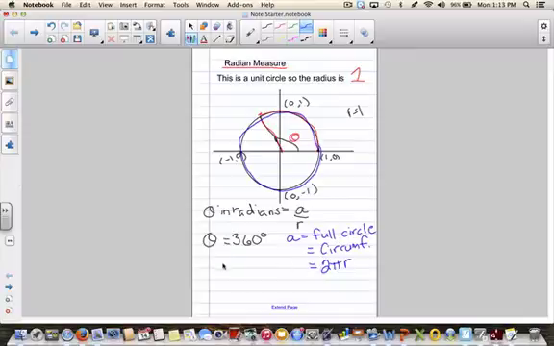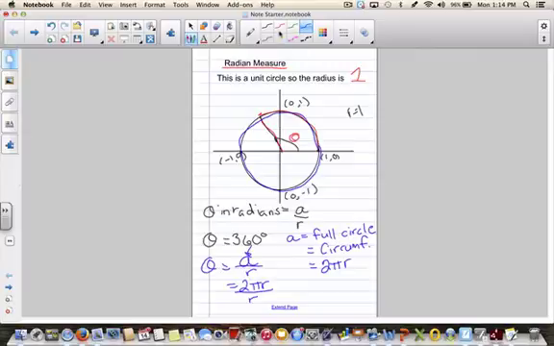So now if I go to my formula and I say, okay, theta in radians is the arc divided by the radius, because I'm talking about 360 degrees, I know my arc is a full circle. So arc is 2 pi r, so that's my A, and then the formula for radians says we divide by r.